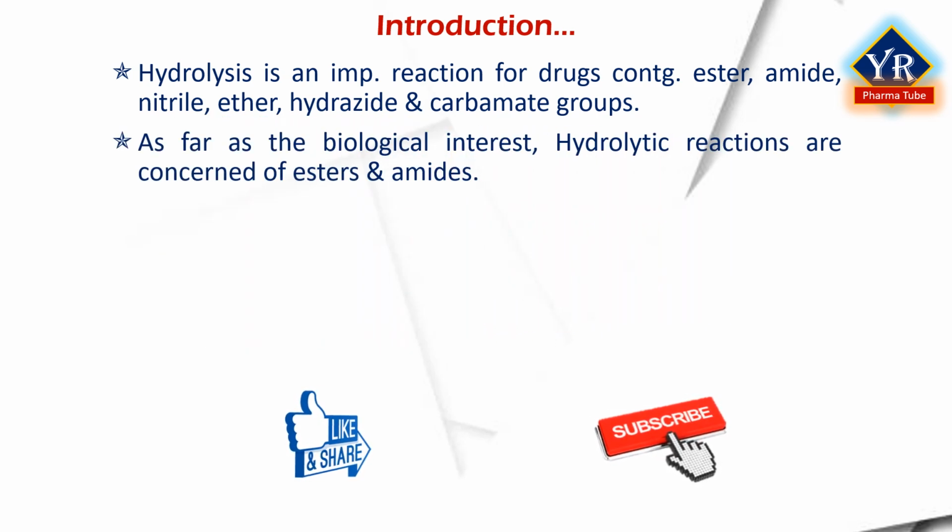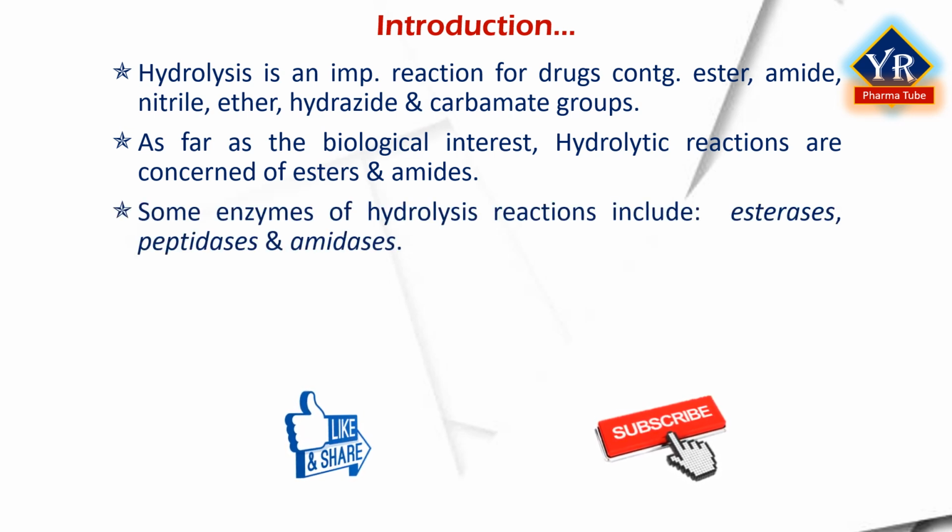Thus, the hydrolytic reactions of biological interest as far as the drugs are concerned are primarily those of esters and amides. Some enzymes that perform hydrolysis reactions include esterases, peptidases, and amidases. Hydrolysis reactions generally involve acid derivatives.